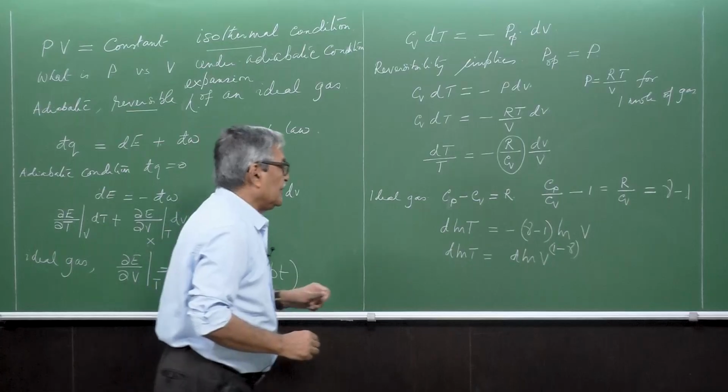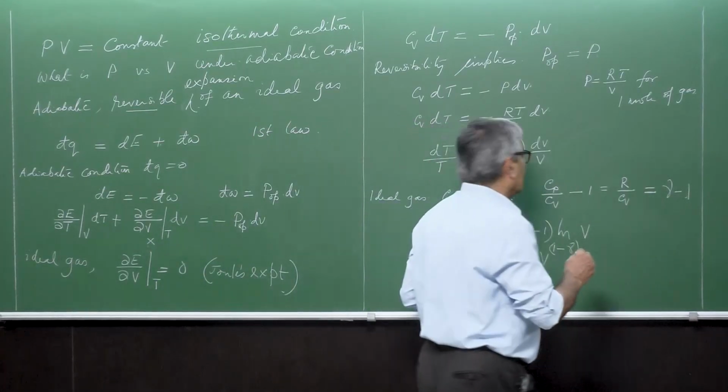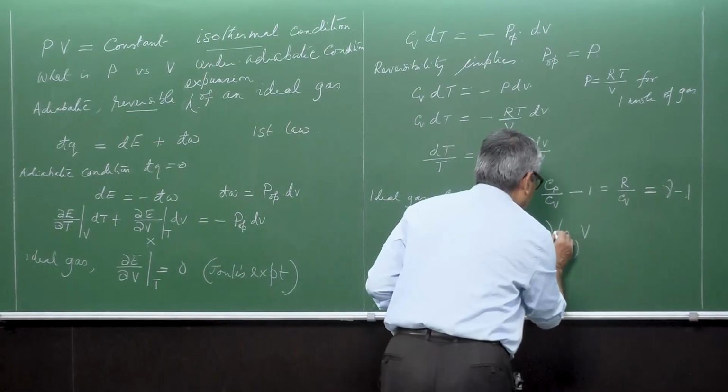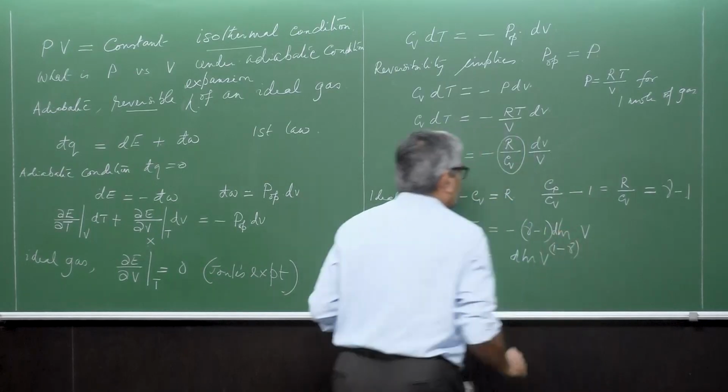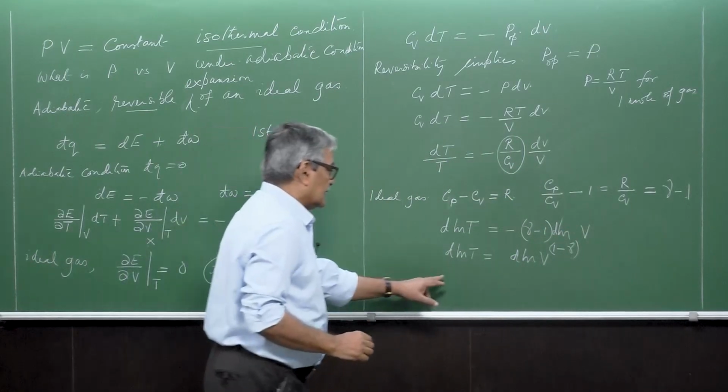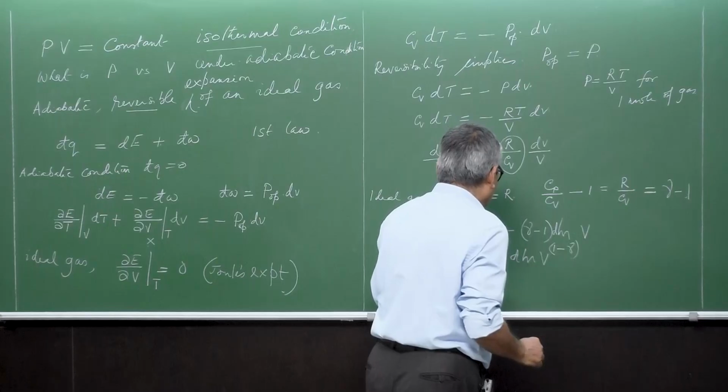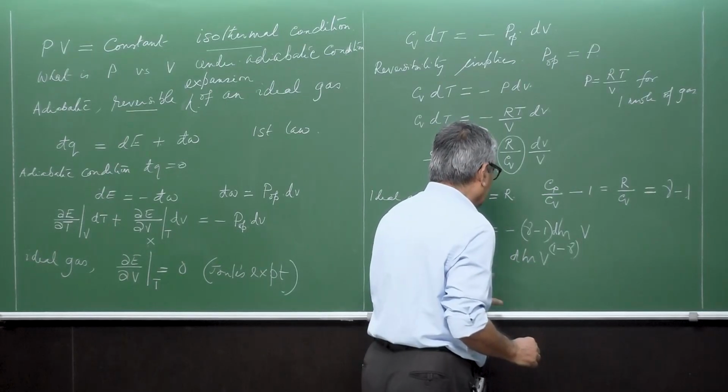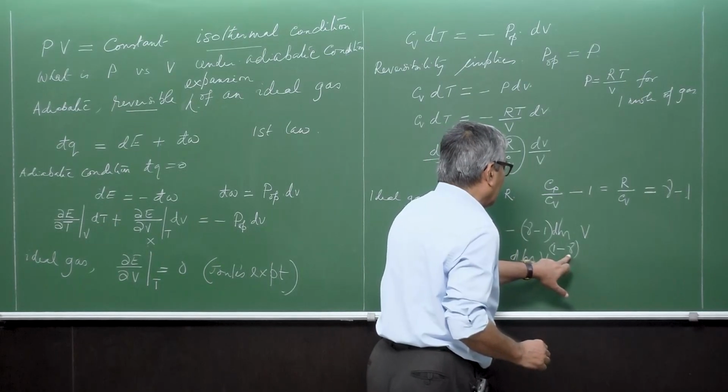Then if you integrate between T1 to T2, this is d ln T equal to d ln V to the power 1 minus gamma.